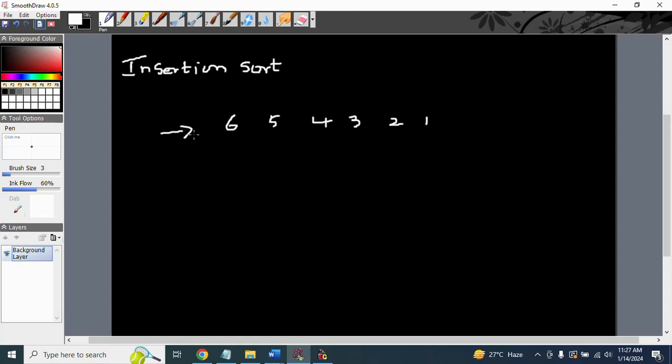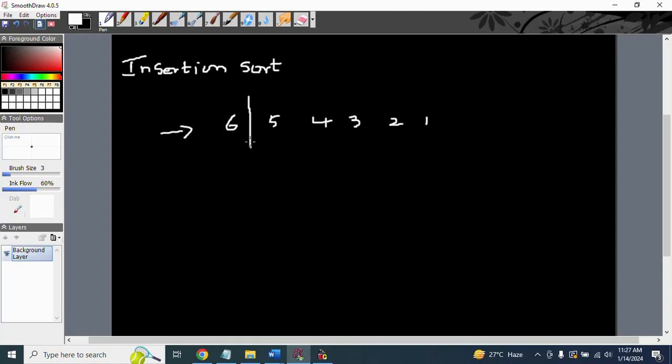So in order to apply insertion sort, what is the procedure? In insertion sort, we assume that we have two lists: one is the sorted list, another is the unsorted list. It is just an assumption. Logically we divide our array into two parts.